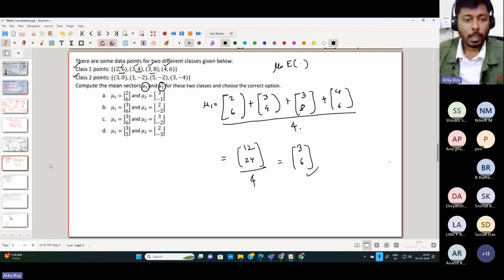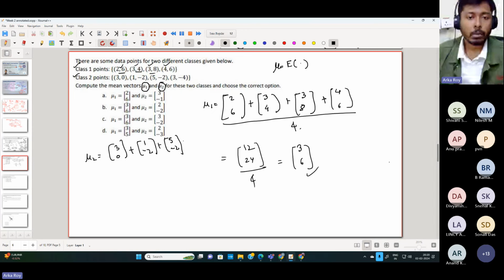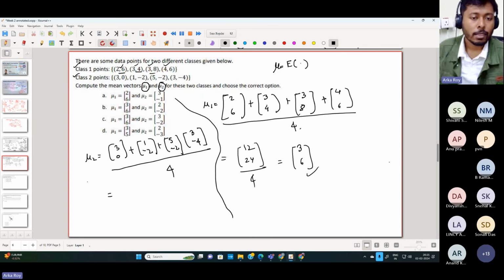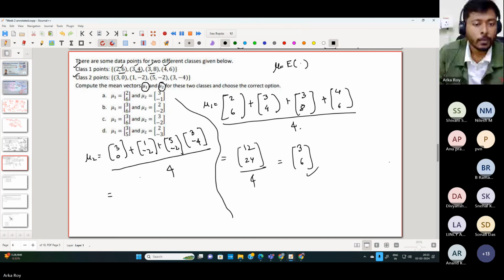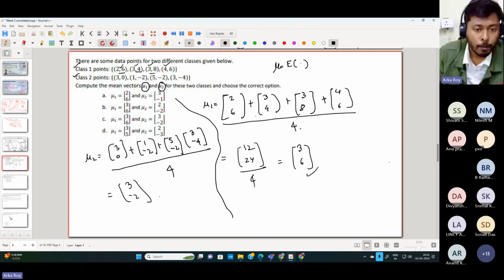Similarly, I think you can find the same thing over here. 3 plus 3, 0, 1 minus 2, 5 minus 2, then 3 minus 4, and then you can divide it by 4. So what will be the value? Can anyone help me over here with this problem? 3 minus 2. So over here, your mu1 is 3, 6, and mu2 is 3 minus 2. So option C is the correct option.